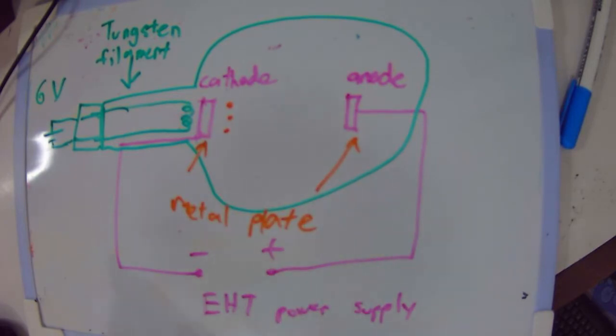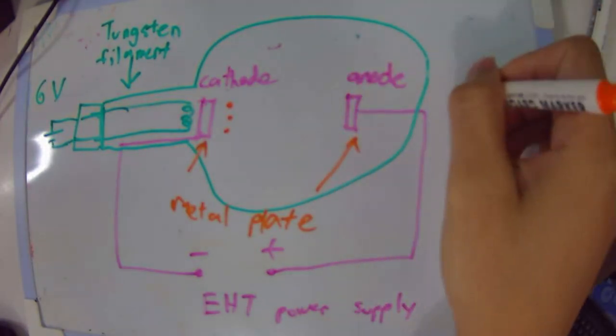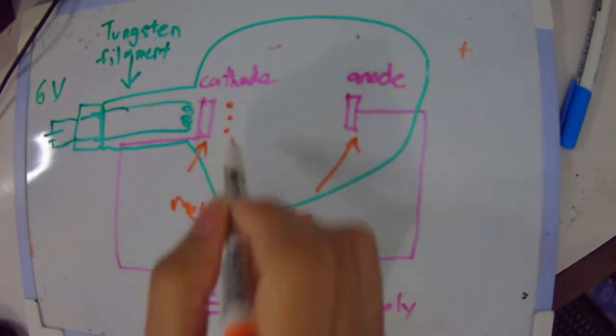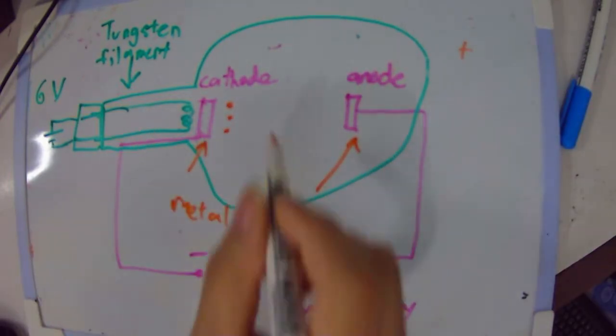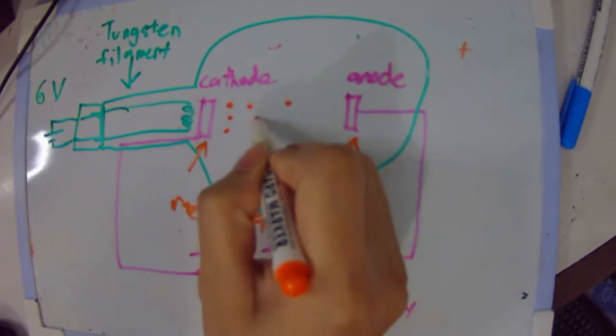Now, electrons, if you remember, have a negative charge. Because the anode is connected to the positive side, now that the electrons are free, they are naturally attracted to the anode.